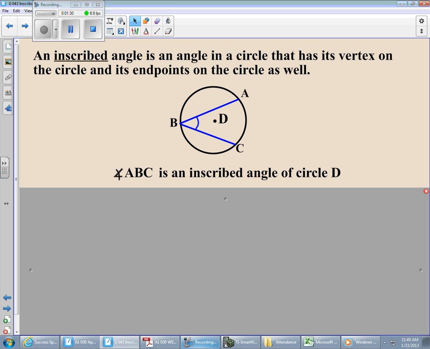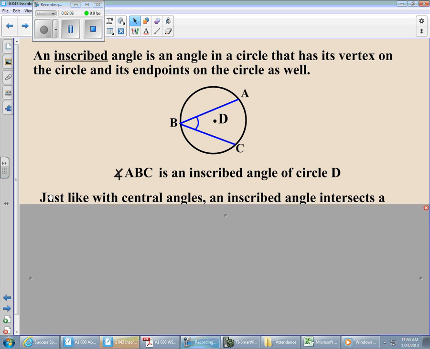Angle ABC is an inscribed angle of circle D. And just like yesterday, I want to emphasize that we need to use the three-point naming system on our angles because it is very possible that there will be more than one angle at vertex B. If we just called it angle B, that could very quickly become confusing. Also keep in mind that we still name our circles according to their center point, so we call that circle D.